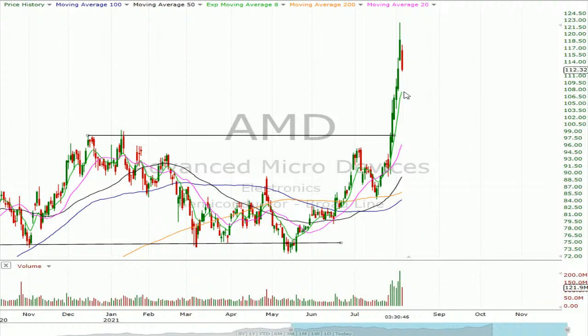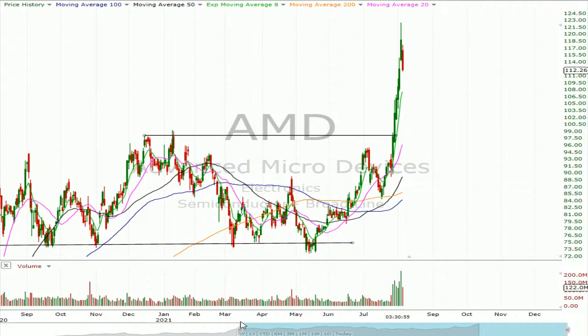Also, and this isn't necessarily a price point, but it's a look. If the stock pulls back and consolidates for a few days, maybe a week and a half give or take, if it chops around and builds a higher base, I don't know if it's above 108, 110, 112, wherever, it's going to be more of a look.